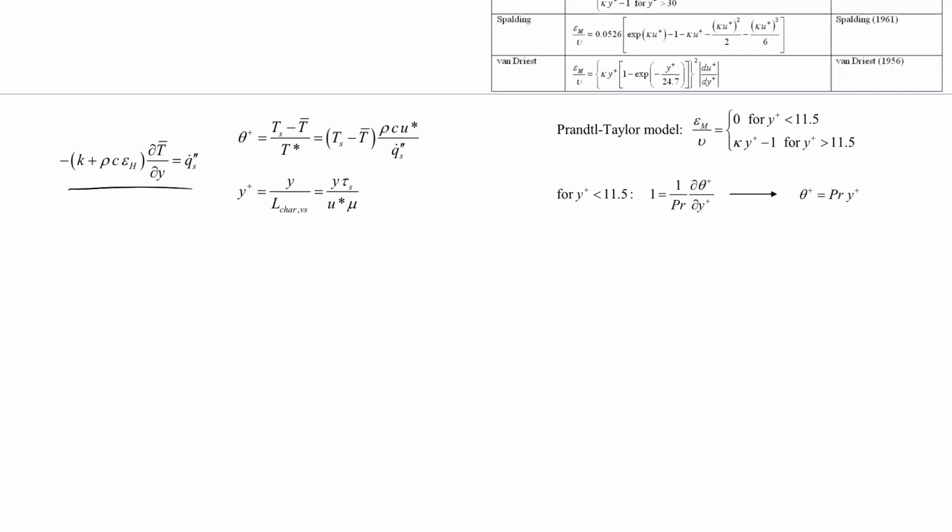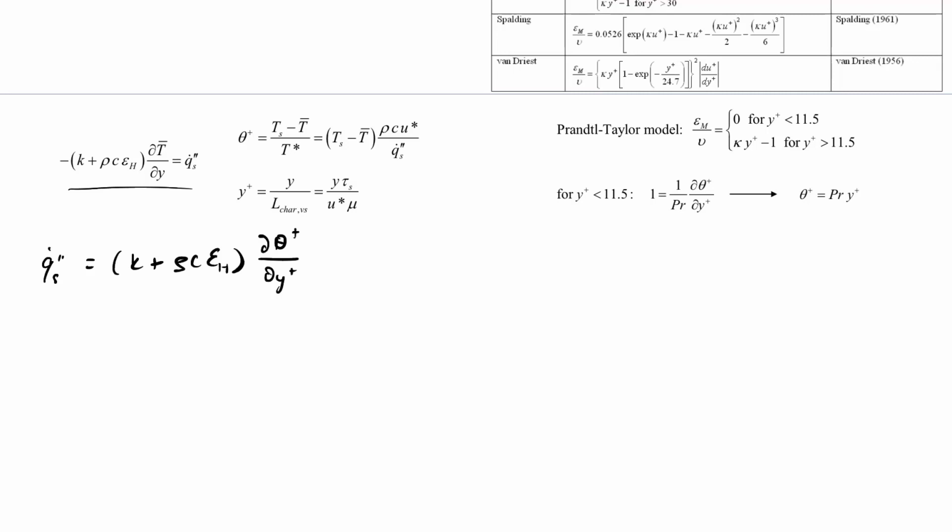So let's bring this in here. We end up with q dot double prime s is equal to k plus rho c epsilon h times d theta. So now we have to figure out d theta plus dy plus. So we have to bring along all the constants that are multiplying those things.